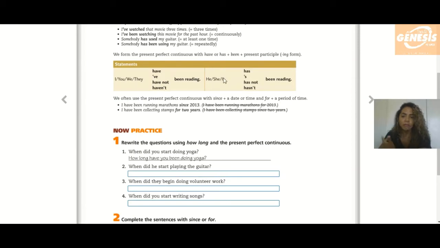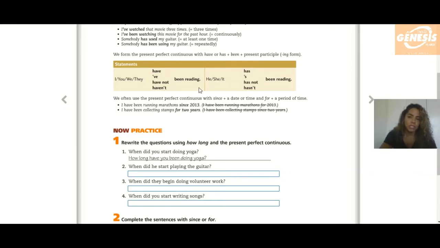I've been reading. They have not been reading. They haven't been reading, right? As in the third person, it is just like this. He has been reading. She has been reading. She's been reading. He's been reading. It hasn't been reading. It has not been reading.